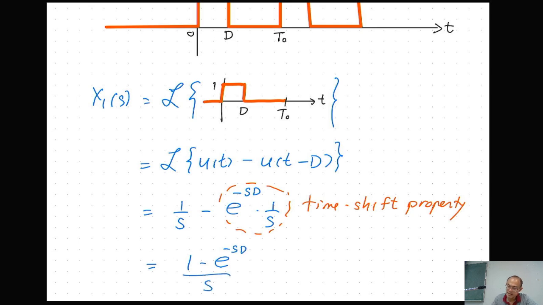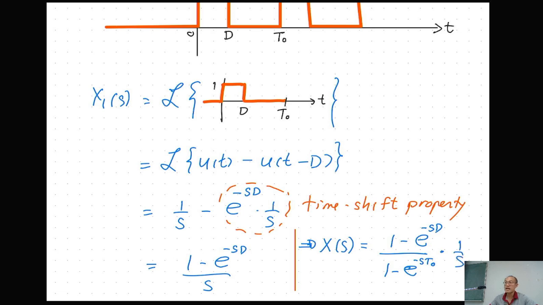Then we can use the time periodicity property to get X(s) equal to 1 over 1 minus e to the negative s t0 times (1 minus e to the negative sd) over s. And that is the solution.